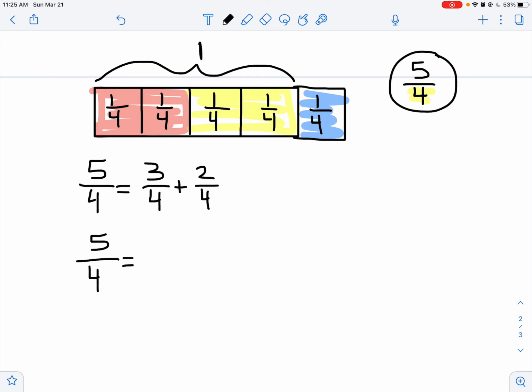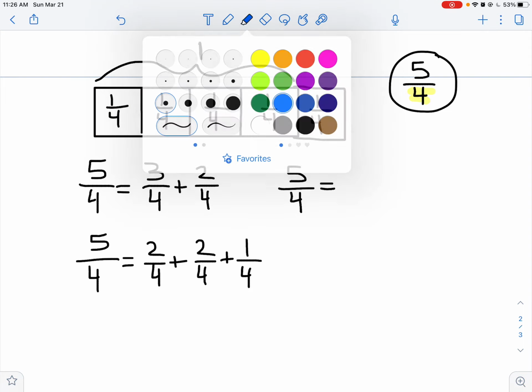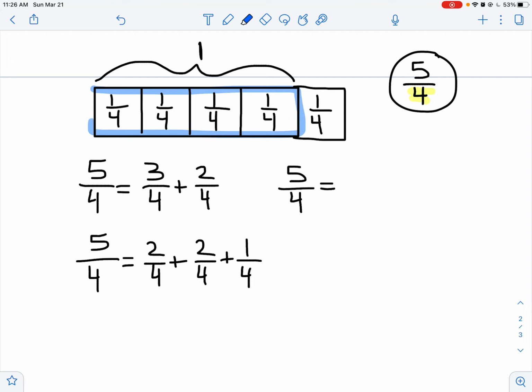So 5/4 is the same as 2/4 plus 2/4 plus 1/4. I could say that 5/4 is the same thing as 4/4 plus 1/4, right? And that still gets me 5/4.